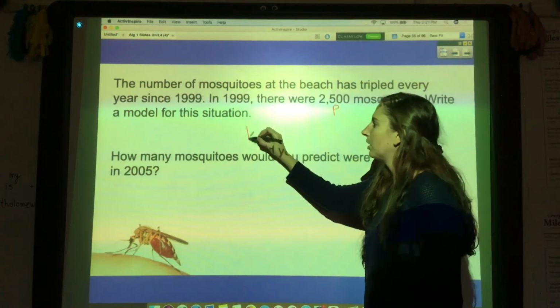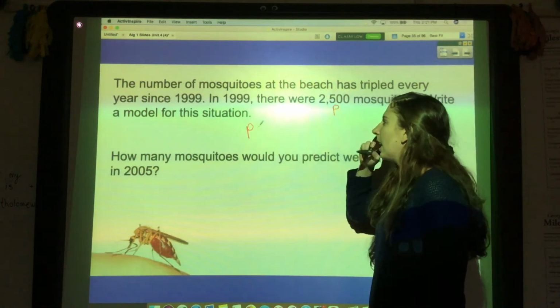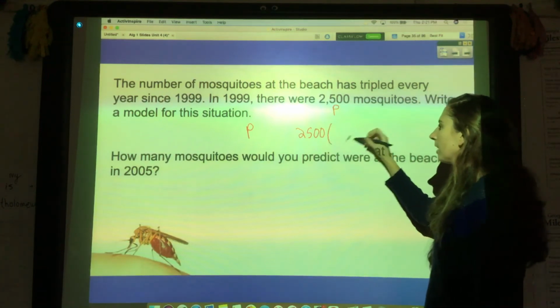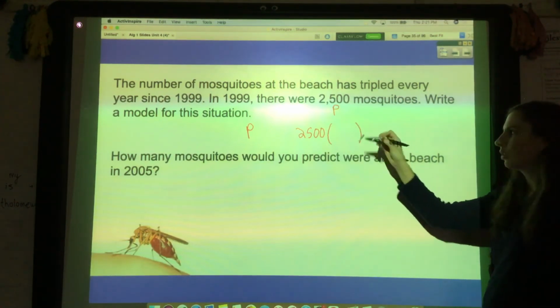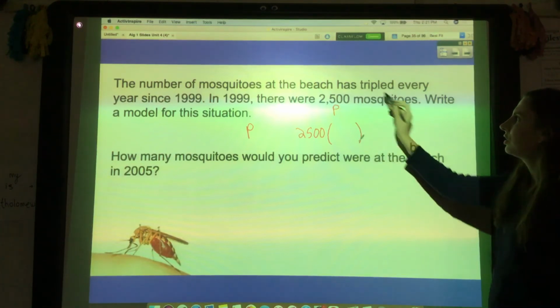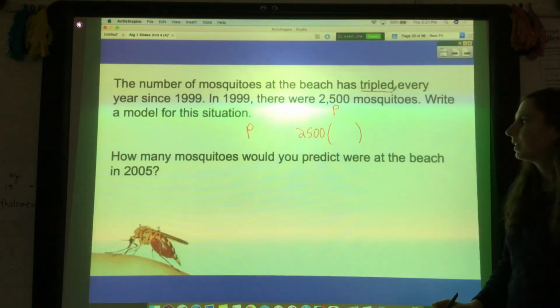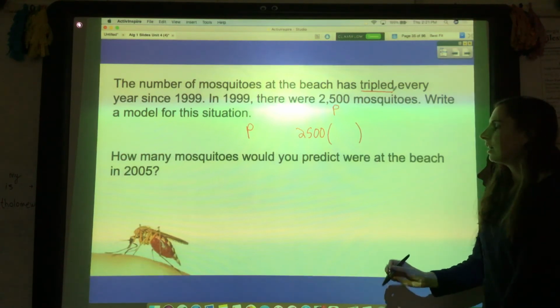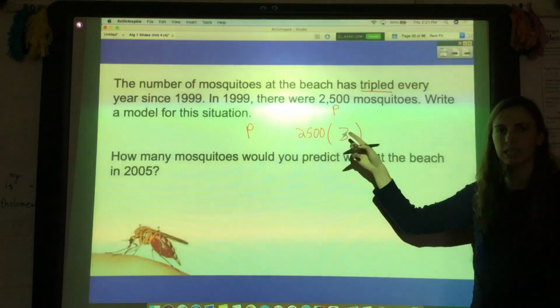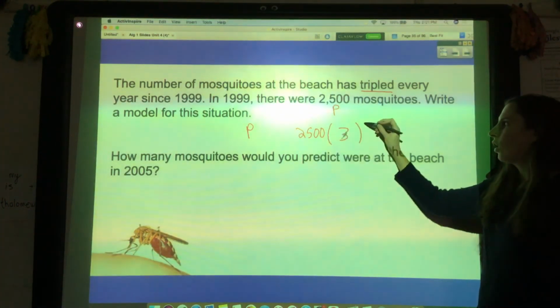So I'm going to do the principal amount, which is 2,500. Typically we do 1 plus the rate or 1 minus the rate. However, this one didn't give me a rate. It actually just said tripled. So all that's happening here is we're doing 2,500 times 3, and then times 3 again, and times 3 again, over and over.